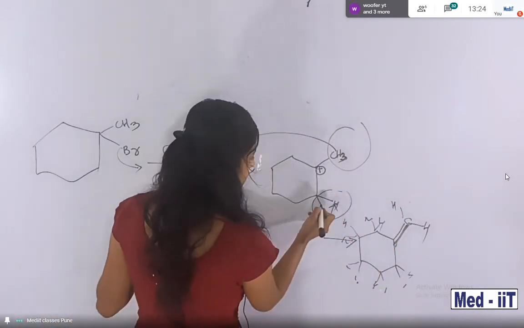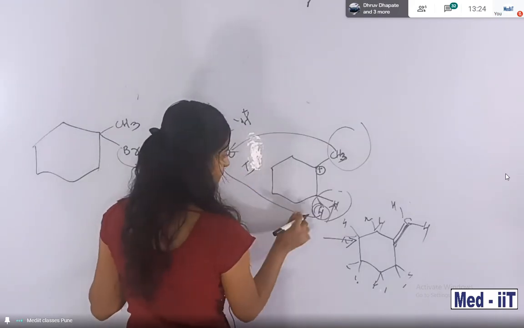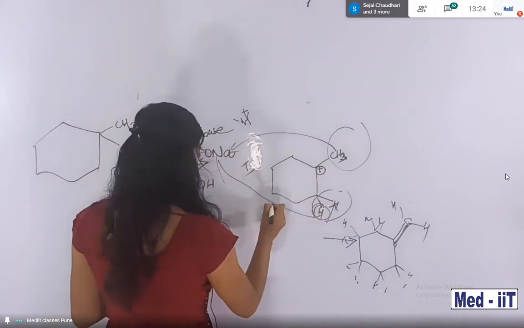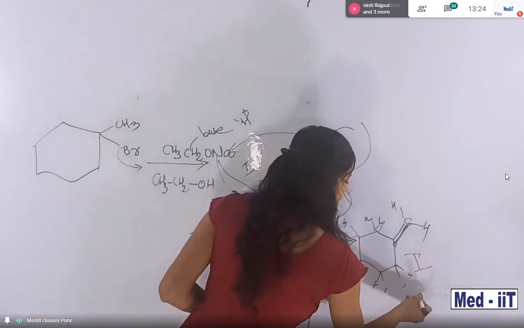Suppose this proton is abstracted by the base. A carbocation is already there. This is the first method, and we will get a product like this.